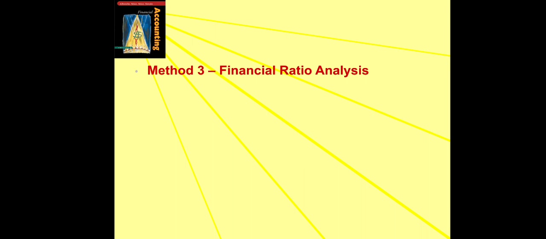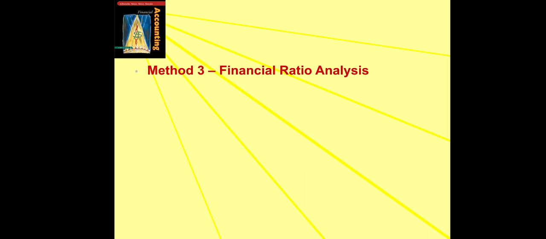If you can remember, in the previous lecture I explained what financial ratio analysis is. It is about the way to analyze a business's financial statement. I told you that if you see a financial statement, you can only make a general conclusion.